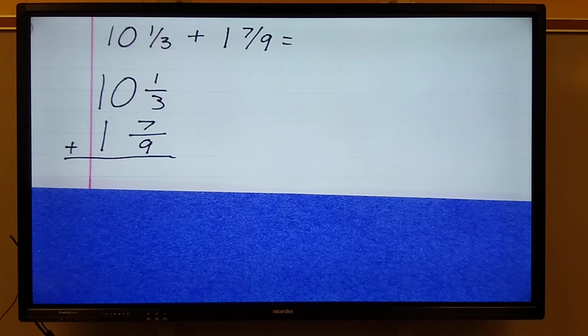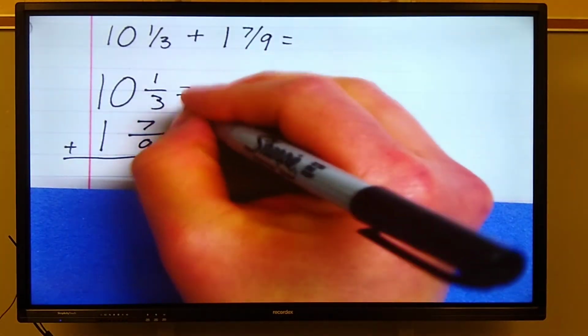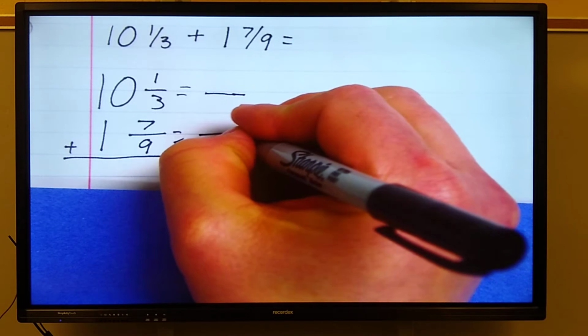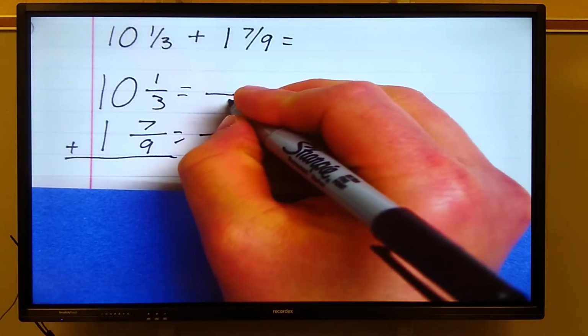All right, let's see how wonderful you did. Step number 1, find the new denominator. And it will be 9.